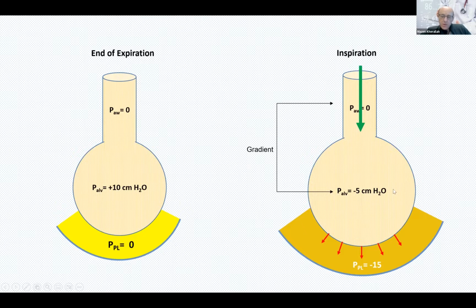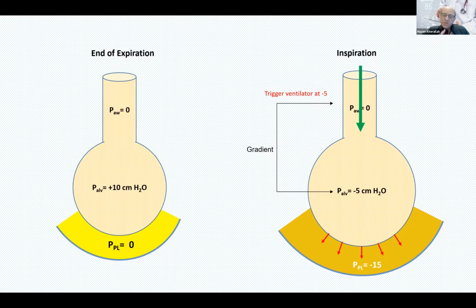And in order to drop the alveolar pressure to -5, you need to go down from 10 to -5. That would require work by the patient, decreasing the intrathoracic or pleural pressure to -15. At that time, you can generate a pressure of -5 and trigger the ventilator.